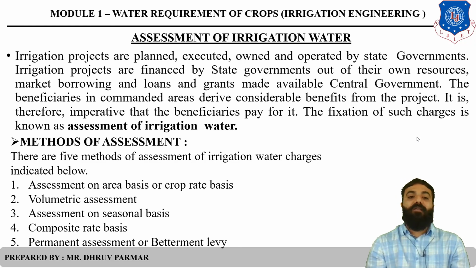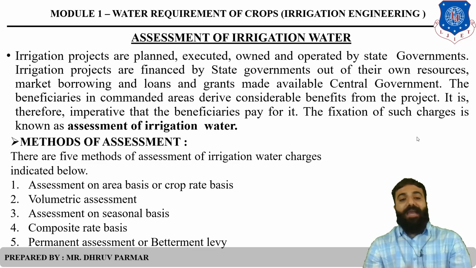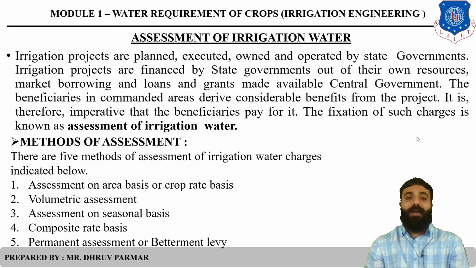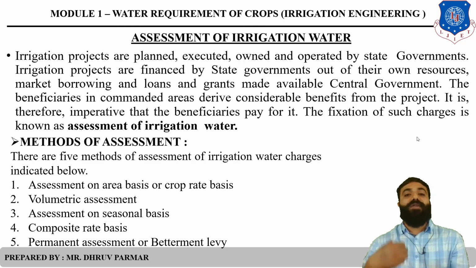At that time, the government levies a tax on the farmer who uses his own source. That assessment is called permanent assessment or betterment levy. Clear? So there are 5 methods of assessment. Clear? This question is asked many times by GTU in 7 marks. Clear? So the question is like that: explain assessment of irrigation water. Clear?